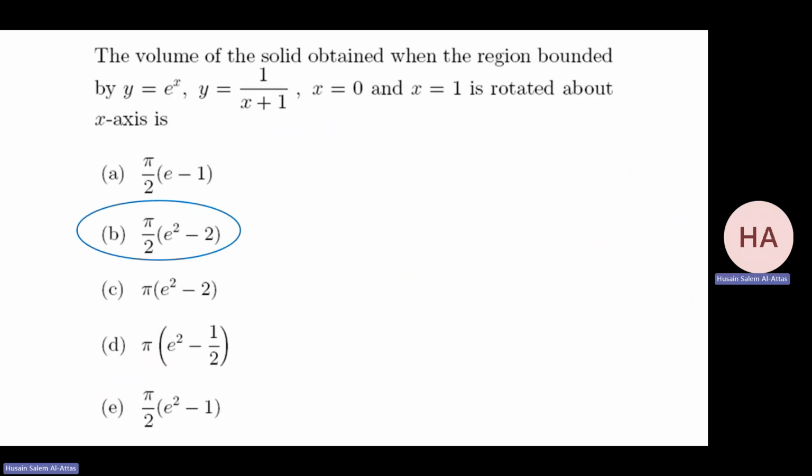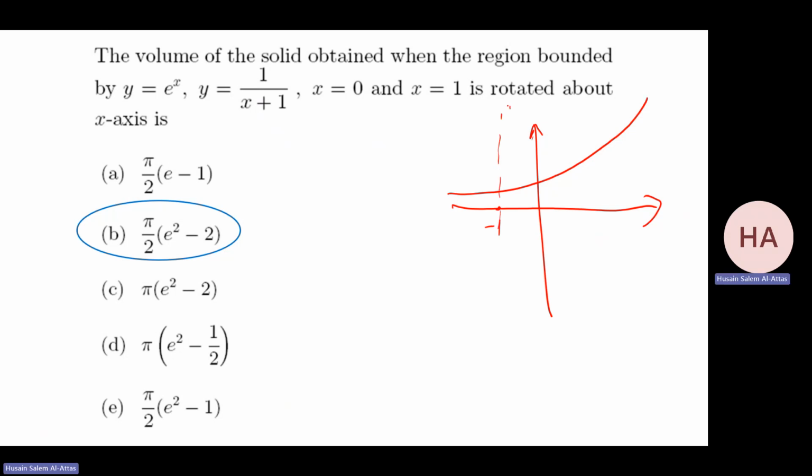Okay, the volume of the solid, the region bounded by this and this, rotated about the x-axis. Let us see what will happen. Let me graph the region first. I have y equals e to the power x. This is e to the power x. And 1 over x plus 1, which is at minus 1. I have asymptotes.